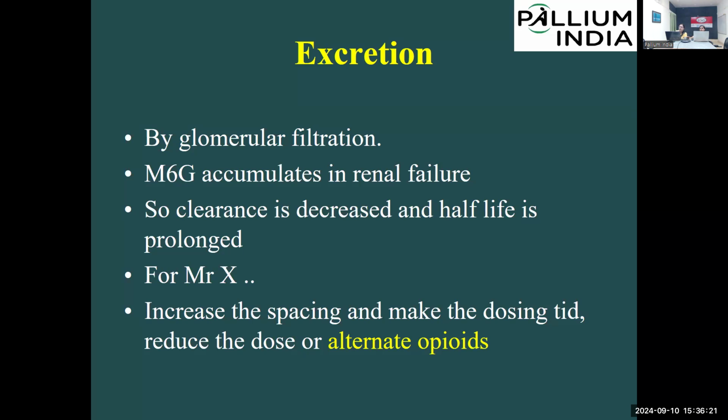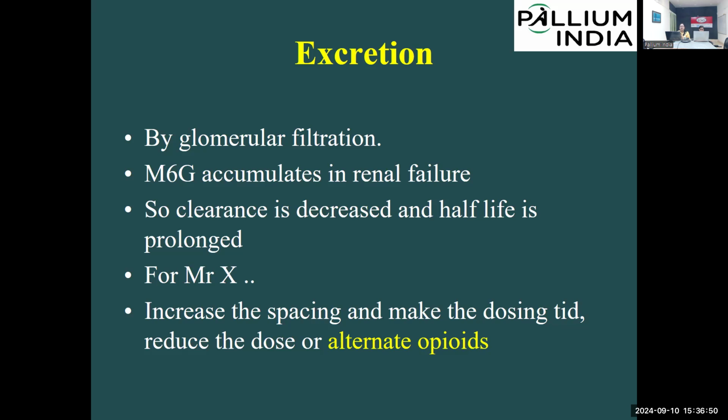So either you have to increase the spacing between the medications, like make the dosing 3 times daily, or reduce the dose as such, or go for alternate opioids. As the excretion of morphine is by glomerular filtration, in case of renal failure the metabolites get accumulated and clearance is delayed.